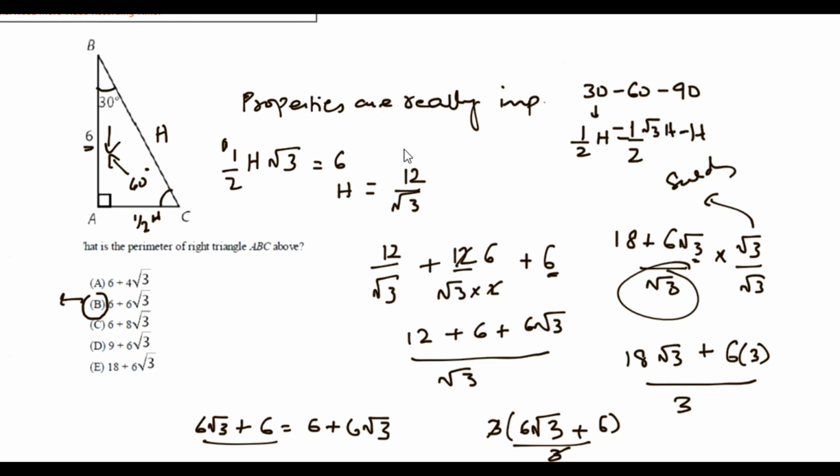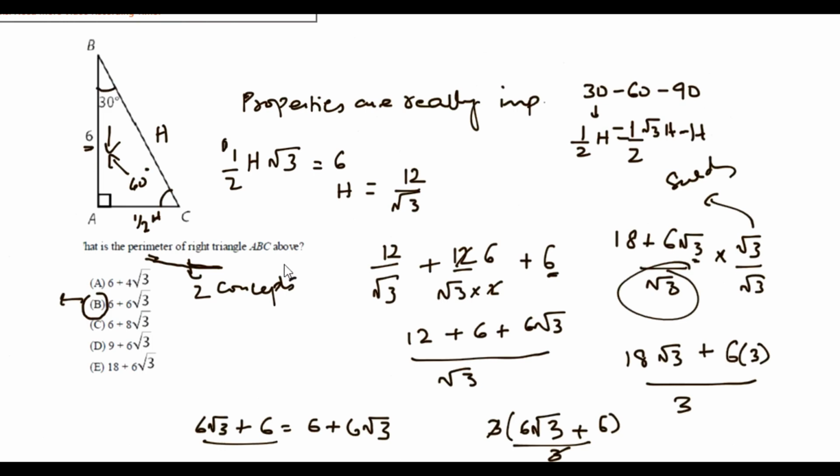I hope that I have made the concepts clear and you guys have understood each and everything. They are asking for the perimeter, right? So the question has two concepts, right?